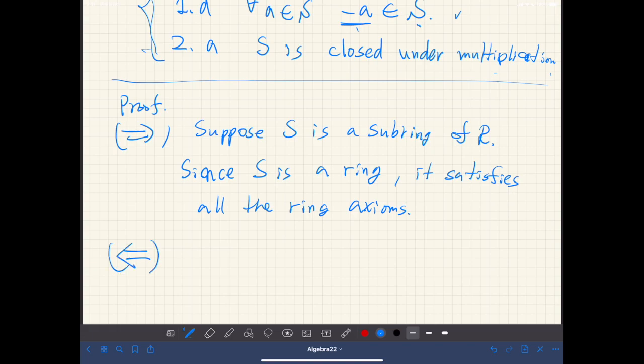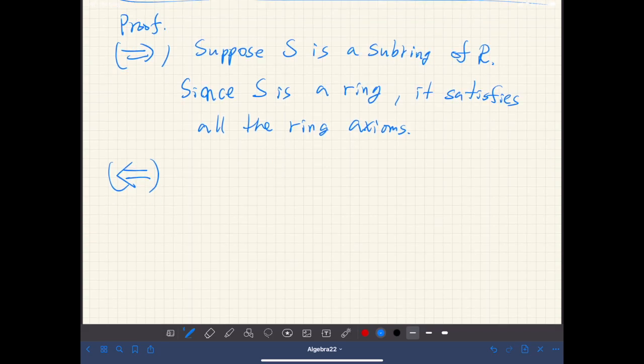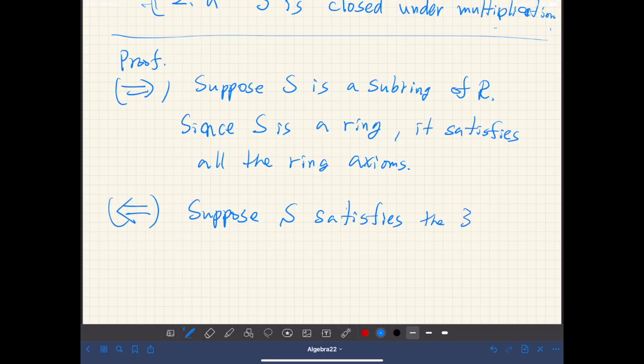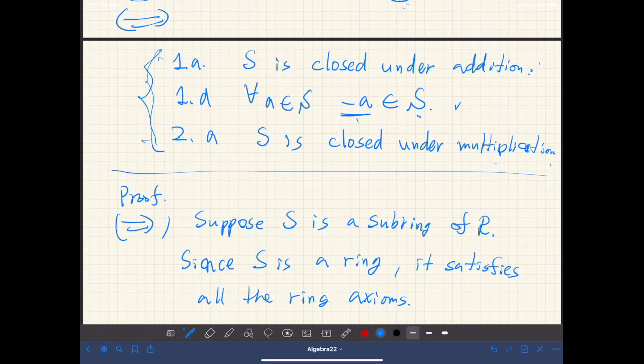The if part is more involved. Suppose S satisfies the above three axioms, so this, this, and this are satisfied.